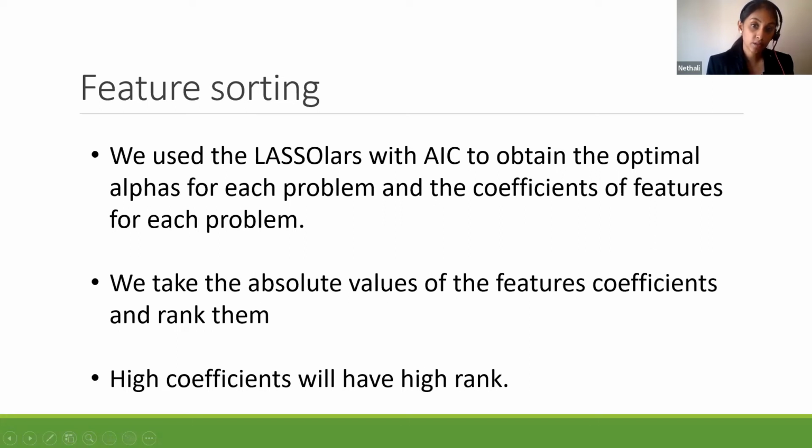We want to rank them first using this criteria. The way we rank them is by looking at the absolute values of these feature coefficients after we run it through lasso loss with AIC. And if you have high coefficients, it doesn't matter whether it's positive or negative, right? That means there is a high correlation between those two. So that's why we look at the absolute values, and then we order them in decreasing order. Ones that have the highest coefficients, we'll give them priority. And that's how we sort out our features.